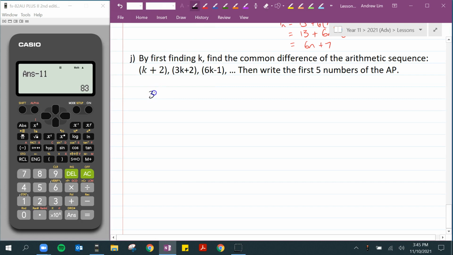We have 3k plus 2, and we are going to minus k plus 2. Now that will give us 2k. And we'll do 6k minus 1, and we want to minus 3k plus 2. That's going to give us 3k minus 3.